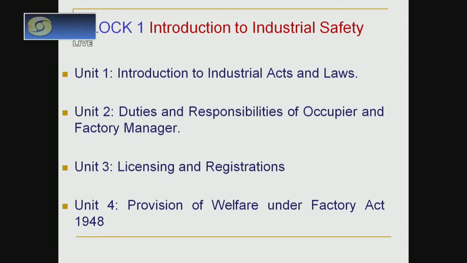In this course, we have two blocks, Block 1 and Block 2. Block 1 is Introduction to Industrial Safety and has four units. Unit 1 is the Introduction to Industrial Acts and Laws. Unit 2 describes the duties and responsibilities of the occupier and factory manager. Unit 3 describes the licensing and registration of industries. And Unit 4, the provision of welfare under the Factories Act 1948.